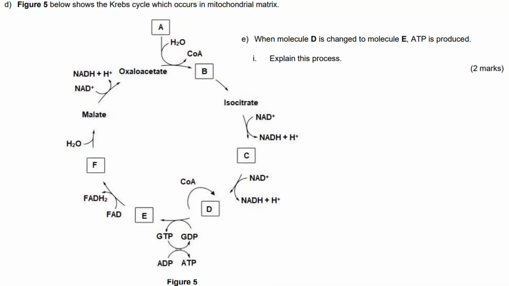Question E, when molecule D is changed to molecule E, ATP is produced. D is succinyl-CoA, E is succinate. During the conversion, 1 molecule of ATP is produced.